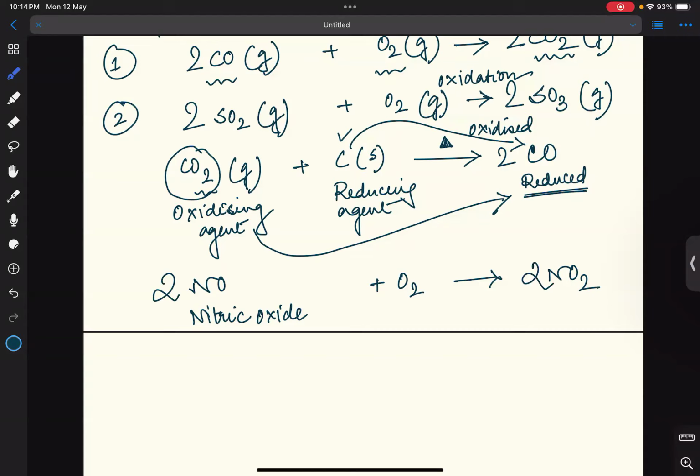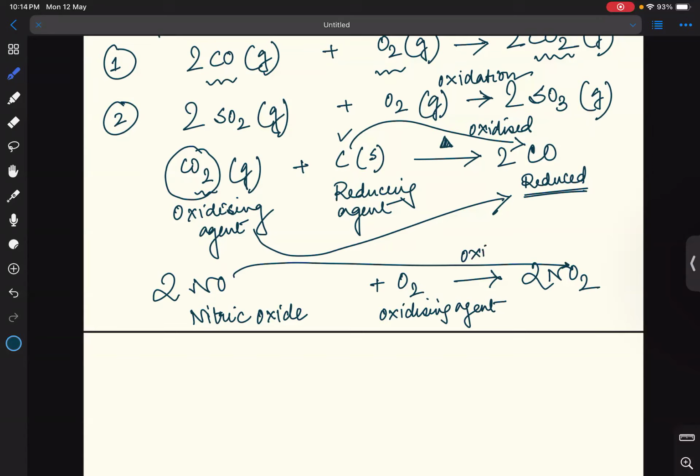Now, students, over here also, oxygen is the oxidizing agent, of course, and it oxidizes nitrogen monoxide or nitric oxide to nitrogen dioxide. So this gets oxidized. And nitric oxide is a reducing agent.